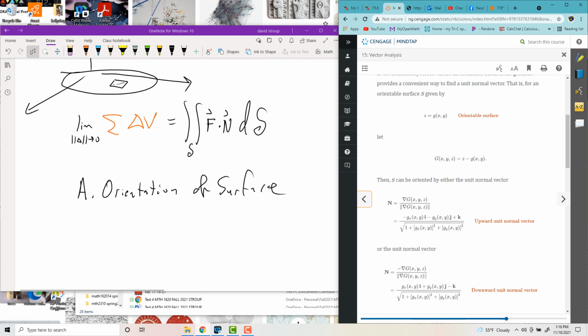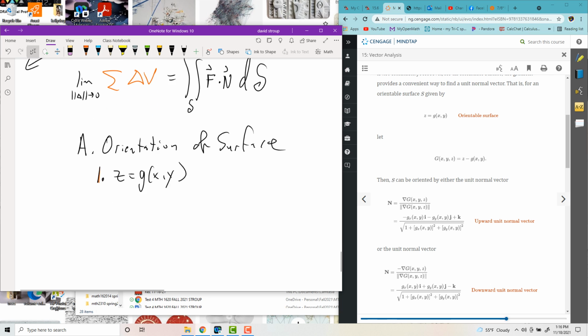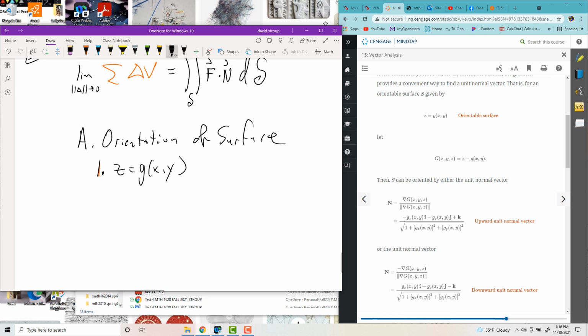Okay, so orientation of surface, part 1, we want to deal with z equals, and the book is going to call it g of xy. The first thing you have to do, just like what we did when we were building tangent planes for these surfaces, is to rewrite your equation as z minus g of xy, and then give that a new name, big G of xyz. Then the normal vector there will just be the gradient.